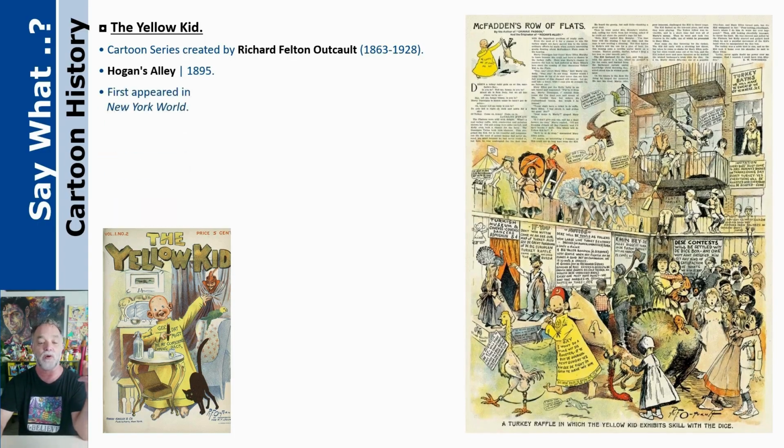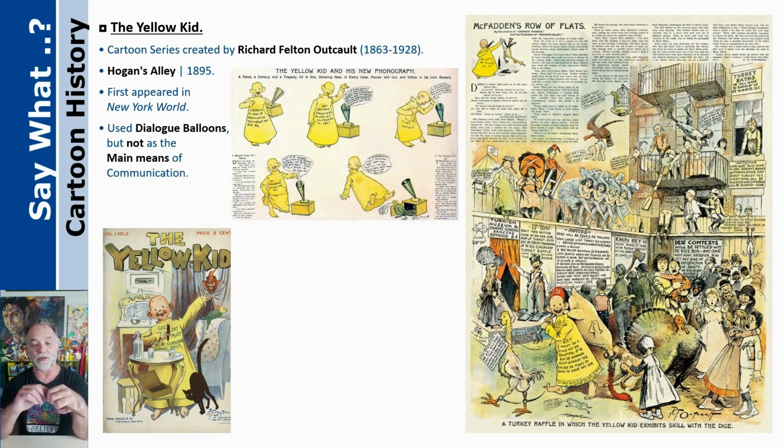The Yellow Kid was a character, not the title of the series, who first appeared as a minor or supporting character in Hogan's Alley in 1895. This character became so popular that it received its own comic series in 1897. These comics use dialogue balloons, but not as the main means of communication.